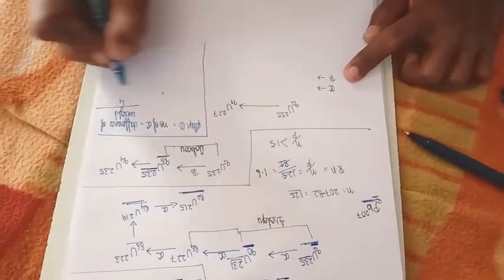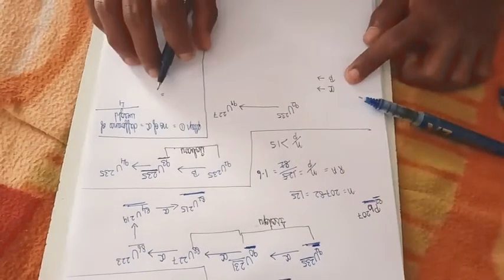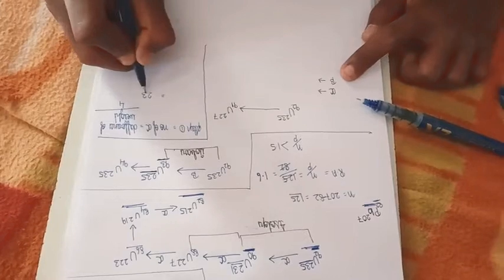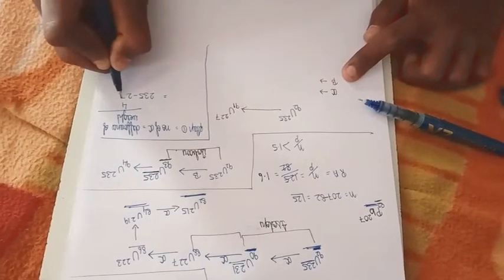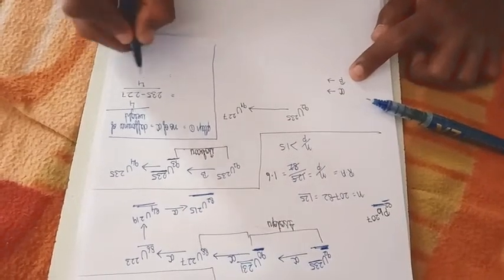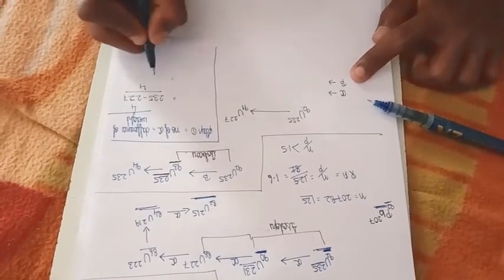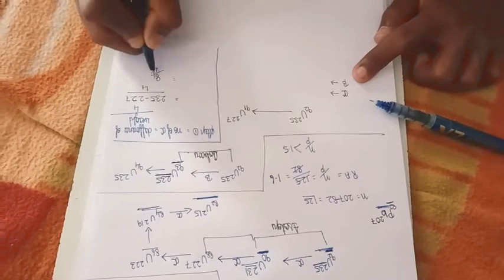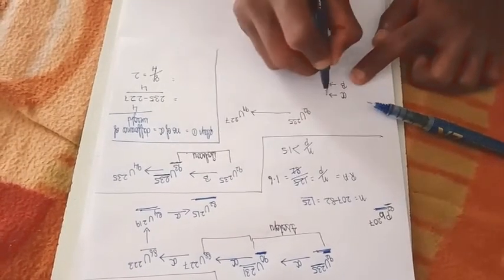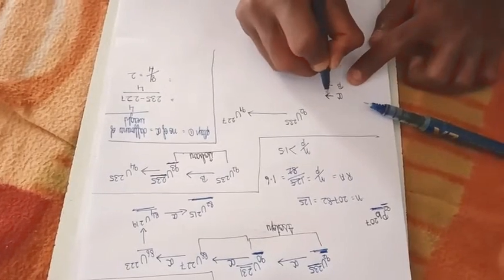Here, 235 minus 227 is 8, and 8 divided by 4 means 2. So the number of alpha present is 2.